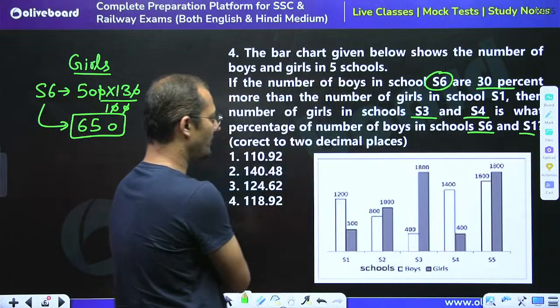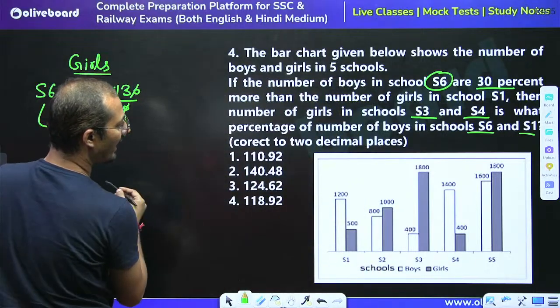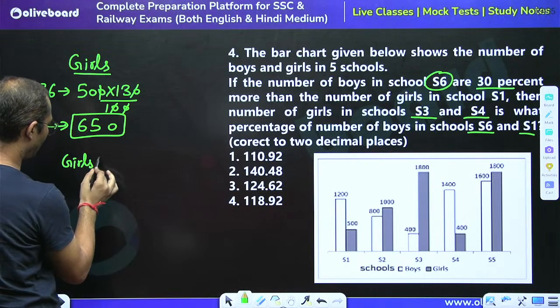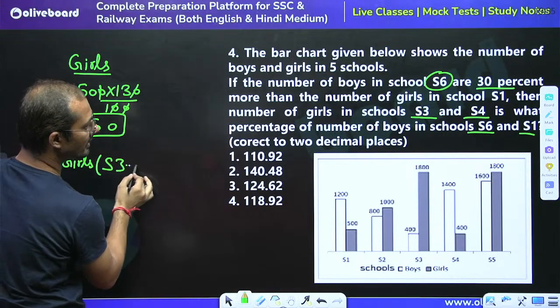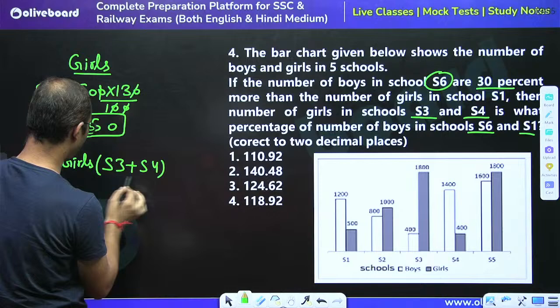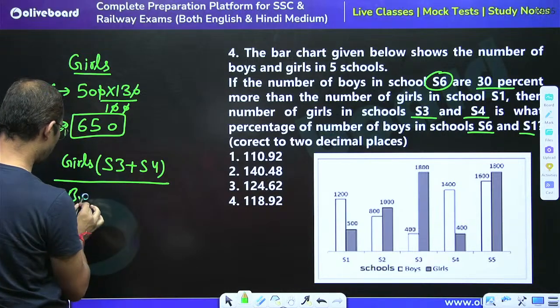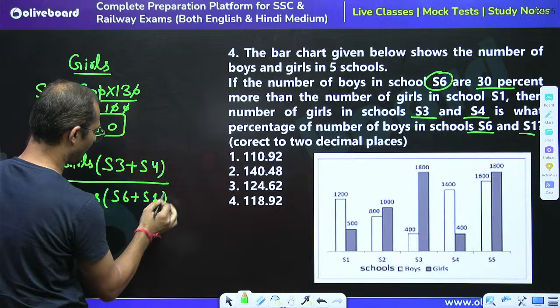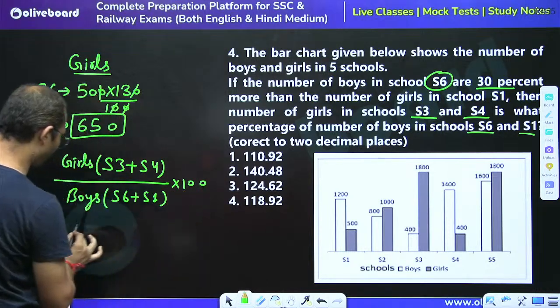So the girls in S3 plus S4 together, divided by the boys in S6 plus S1 together, into 100. So this is the formation, right?